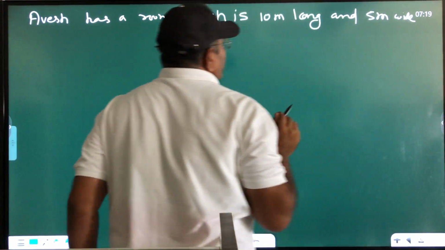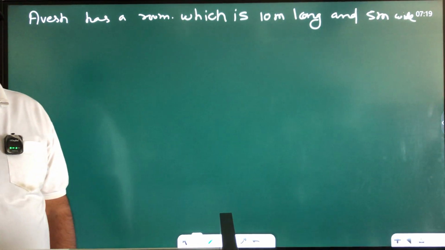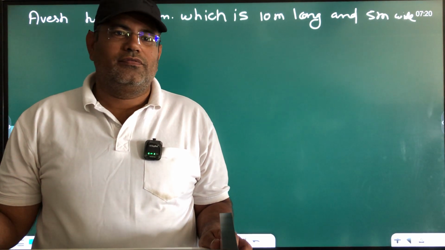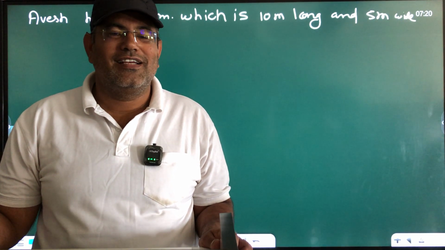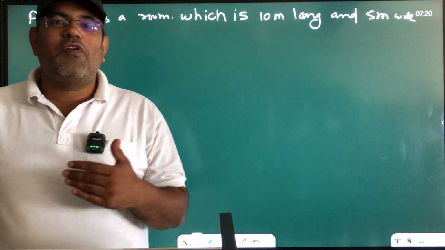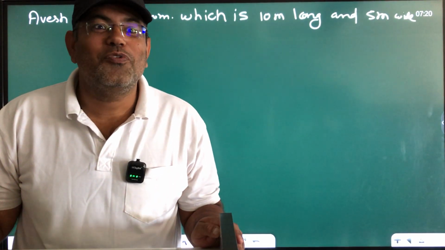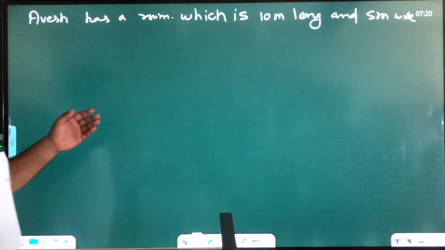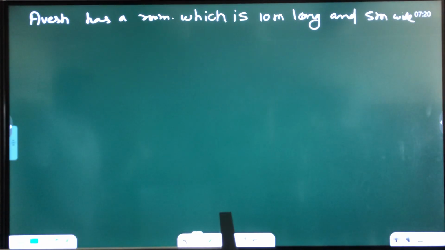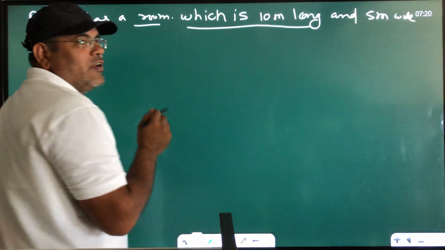You know, right now Aves is appearing in the board examination for the 10th class, secondary class. So right now he studies so much. So we always find Aves in the classroom, in the room specifically. So Aves cages himself in the classroom. So Aves has a room which is 10 meter long and 5 meter wide.